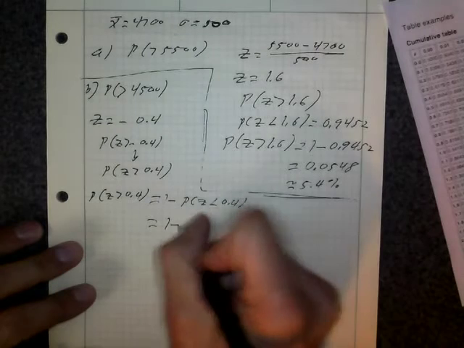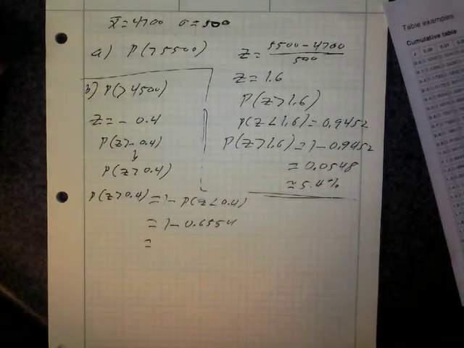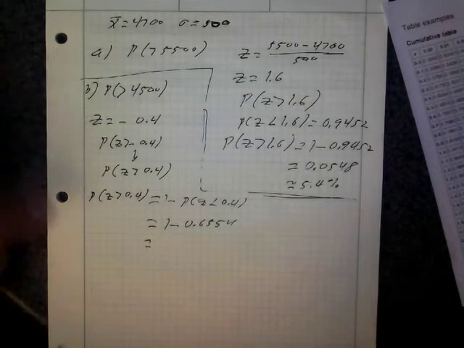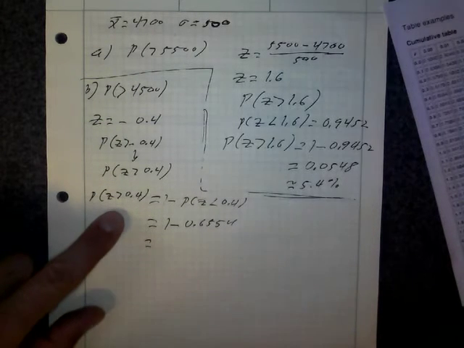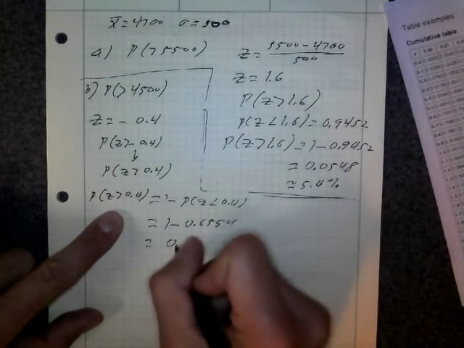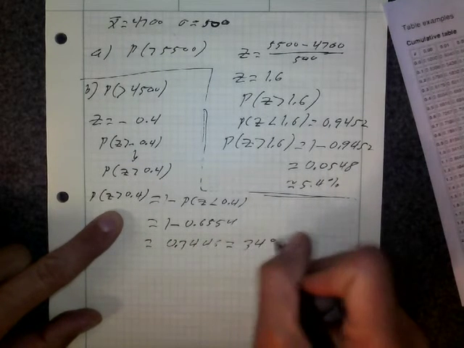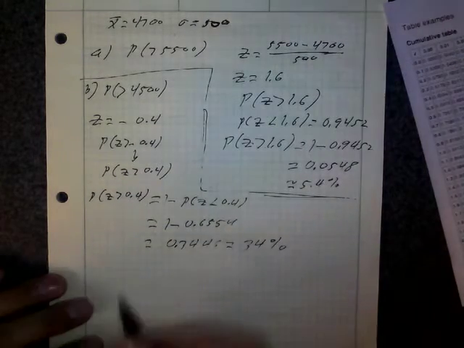So the answer will be 1 minus 0.6554, or my probability of selling more than 4,500 oranges, which is equivalent to asking what is the probability of having a z value of greater than 0.4. In this case here would just be 0.3446, or about 34%. So the probability of selling greater than 4,500 oranges is about 34%.